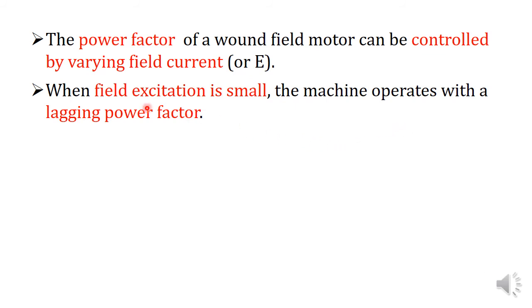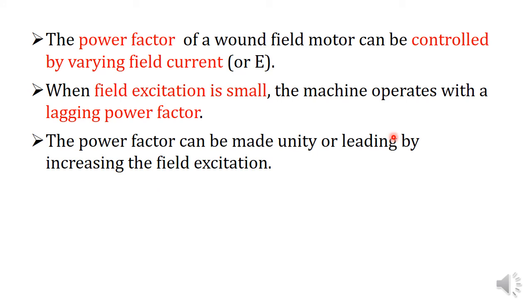That means when the value of E is small, the machine will be having lagging power factor. So if you have to improve the power factor, then we have to increase the field excitation. That means the power factor can be made unity or leading by increasing the field excitation, or the value of E.